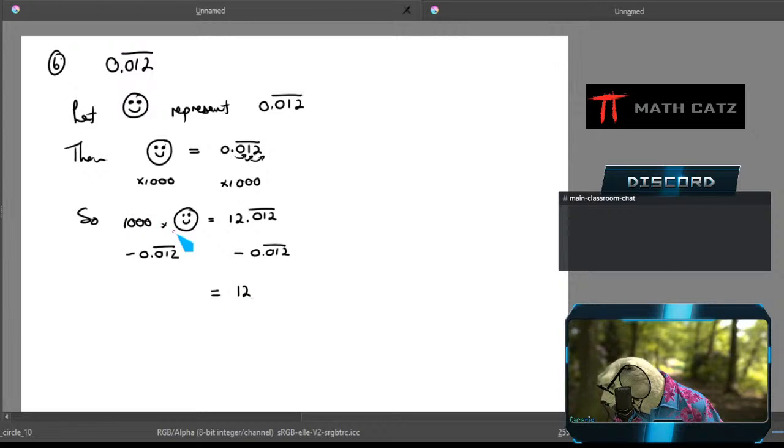The left side says we speak in smiley faces. We don't speak in decimals. It's my job to go and say, ooh, okay, up here, these two things are actually equivalent. The 0.012 repeating and the smiley face, they're the same thing, equal sign, same thing. So I'm just going to speak the right language for them. Oh, okay, let's do it. We have 999 left.